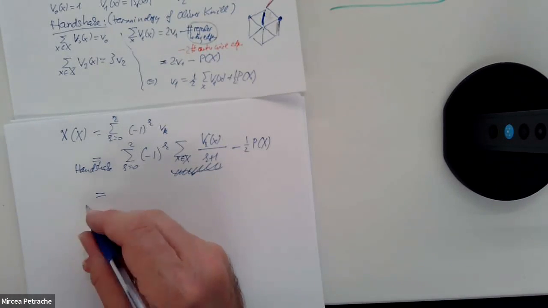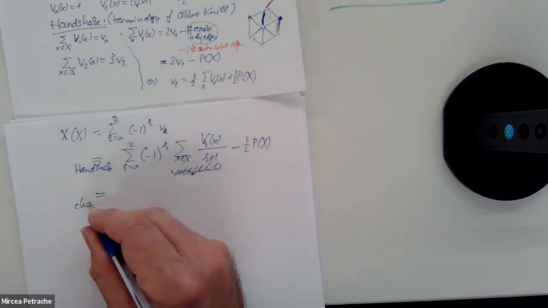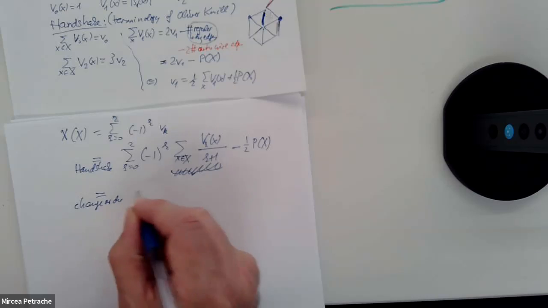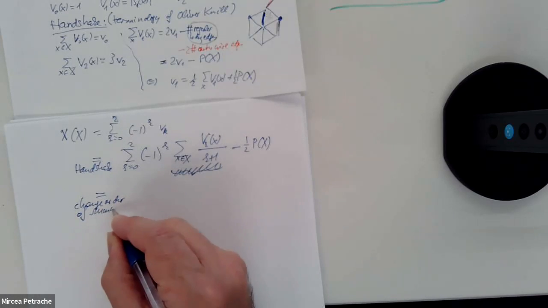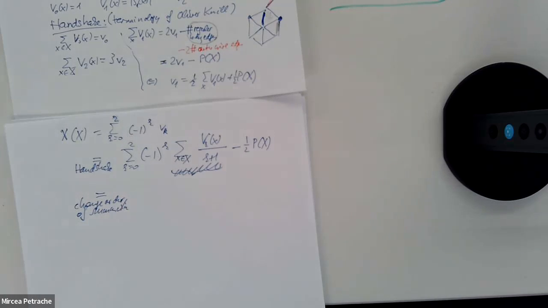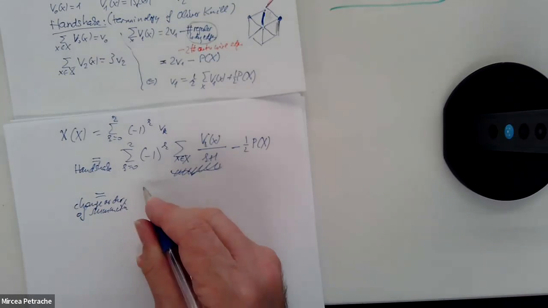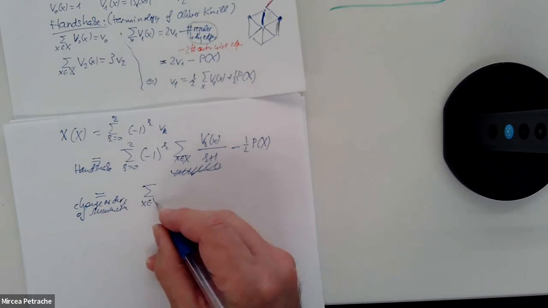So change the order of the sum. So we take the sum inside from the handshake, so from the Euler characteristic.